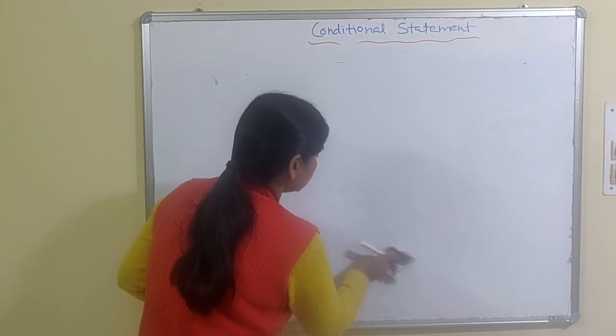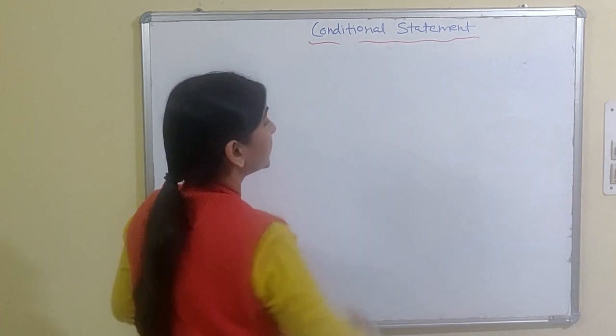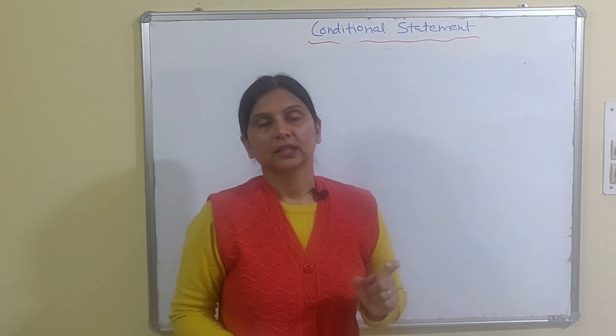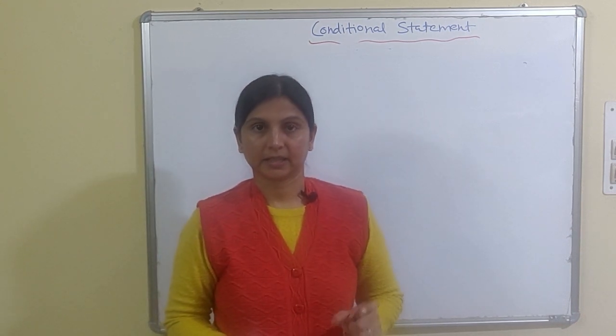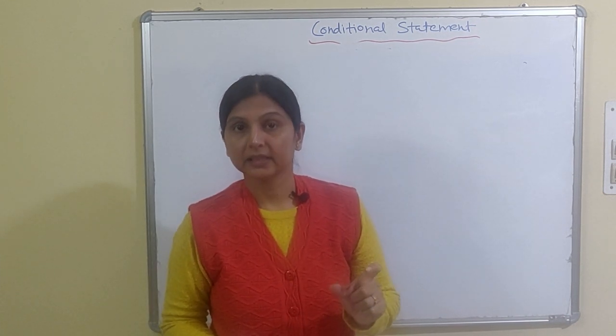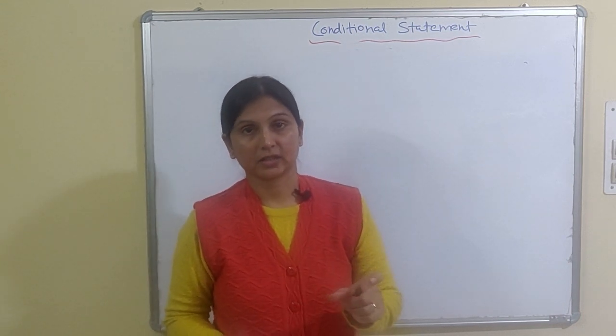See. Now in this, how many conditions are there? First we will calculate the sum of two angles. Then we will check if the sum equals 90. Then display complementary angles. Otherwise again it will check another condition.